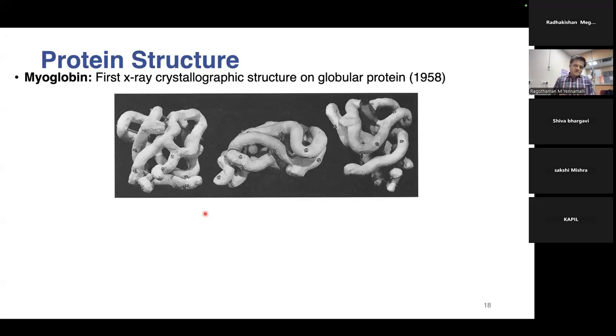So the reason I'm saying this was the most paradigm shifting work was because suddenly they could see that a highly non-symmetrical object, you don't have any symmetry within this molecule, can form an ordered structure like a crystal, like a salt or a sugar crystal, and you would be able to see all the different things in the three-dimensional structure. And it so happens that all of them follow the same laws of physics and chemistry.